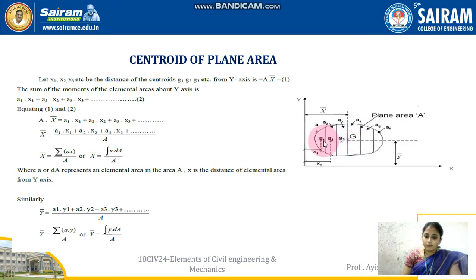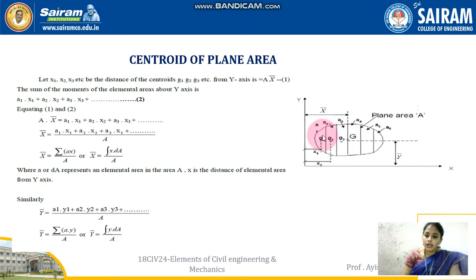Each and every part is considered individually. G1 means the center of gravity of the first part, and G2 means the center of gravity of the second part. Likewise for all six parts we have considered the centroid point as well as the area, that is A1, A2 meaning the area of part 1, part 2, part 3, part 4, part 5 and part 6.